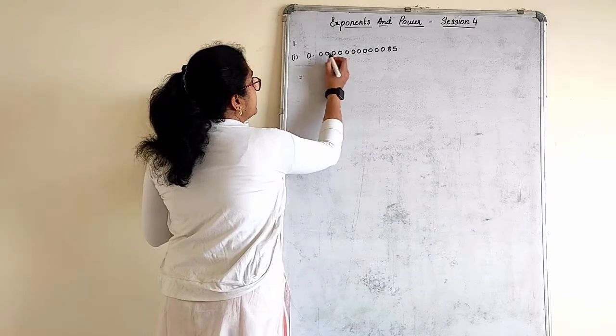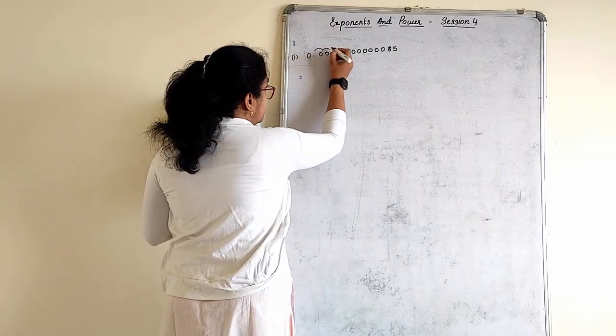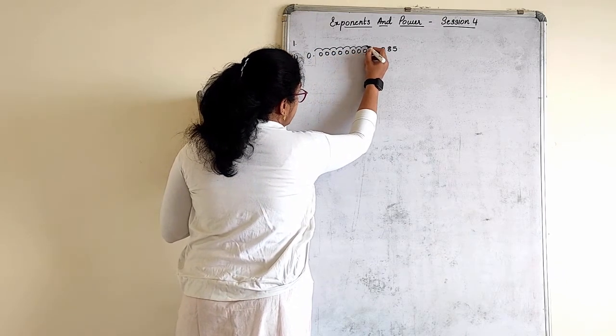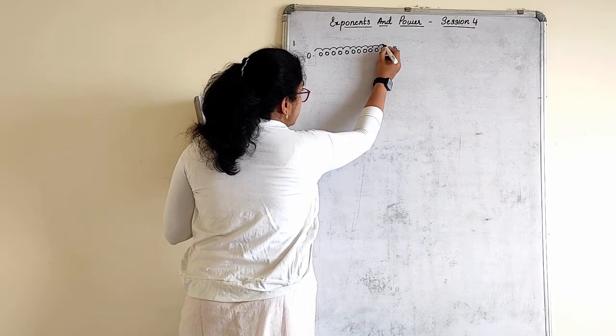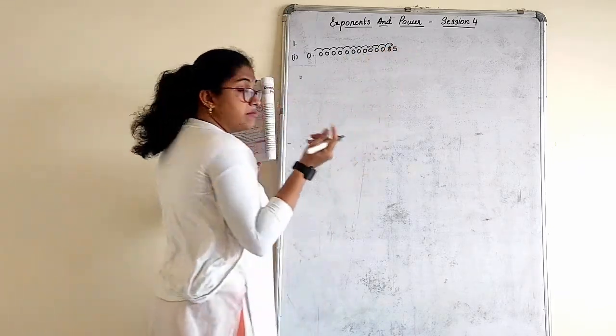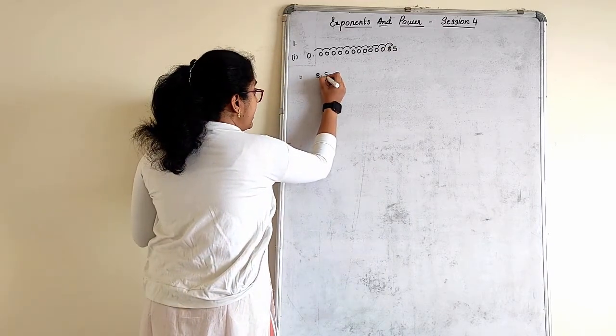This is written as, shift the decimal here. In pencil you can do that. 1, 2, 3, 4, 5, 6, 7, 8, 9, 10, 11, right? After one number, the decimal should always come. The answer will be 8.5.